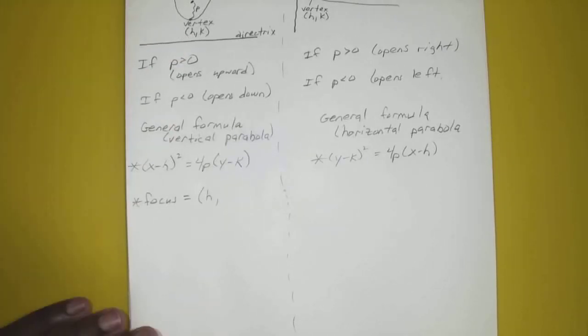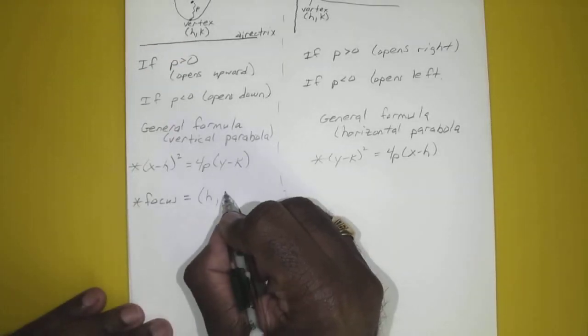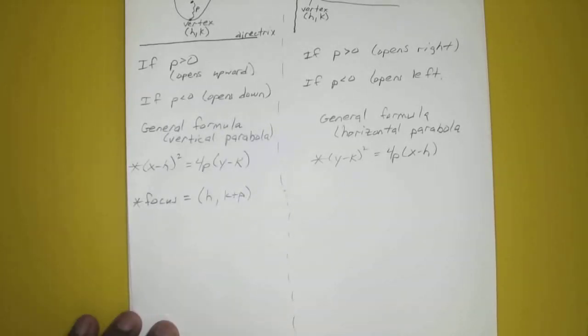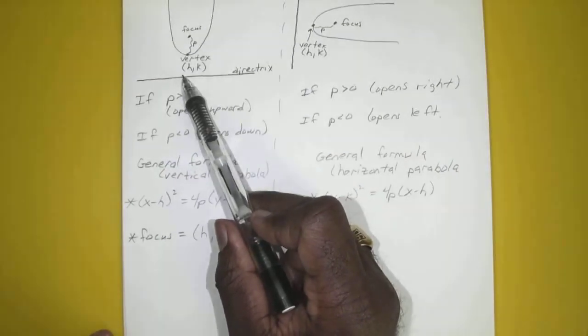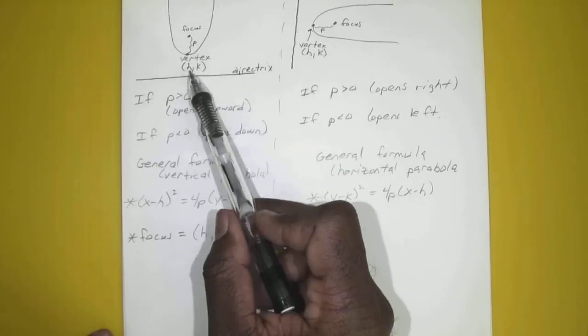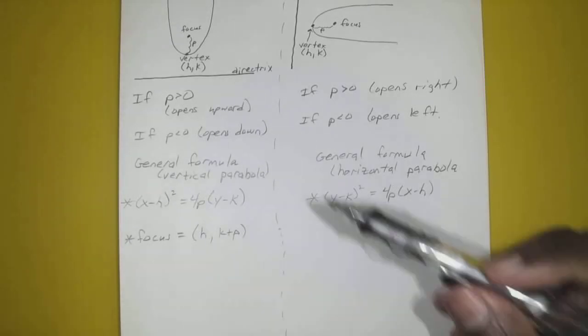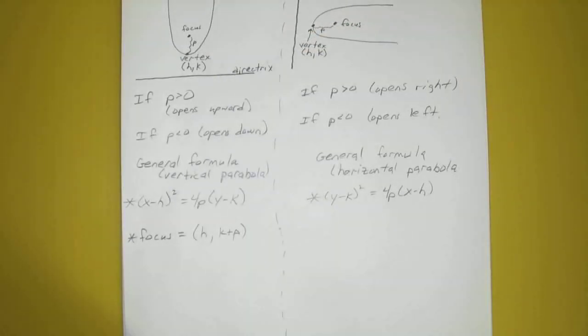Remember, that's just your h, k. And that'll be k plus p. So if you're starting here at h, k, your focus is going to be at that same x value. You're just going to go up p number of units. That's why that's k plus p.